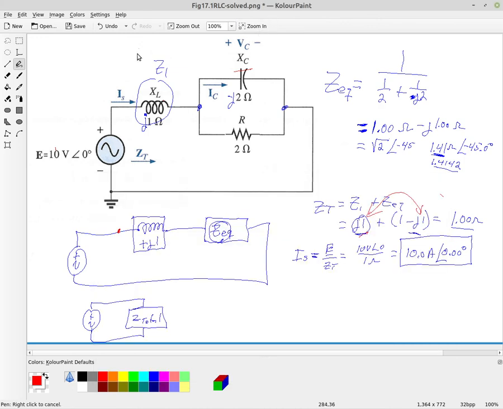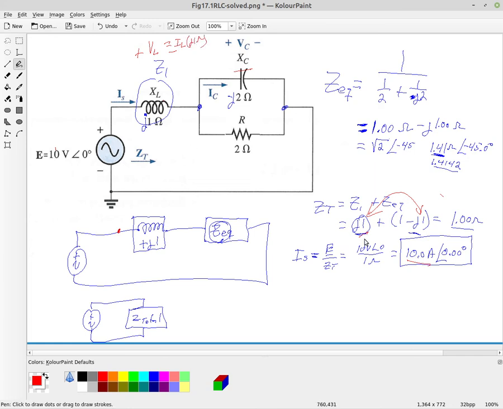What is the voltage across this inductor? We know we got 10 amps going through it, and it has 1 ohm of reactance. Using Ohm's law, VL is going to be the current through it, which is the total supply current, times the J1 ohm.